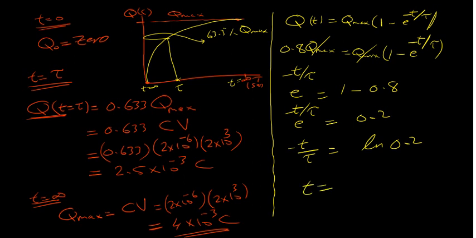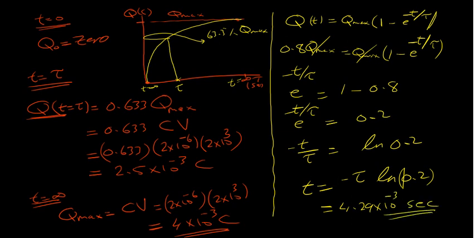Time will be minus tau ln 0.2, and doing the calculation, that will give me 4.29 times 10 to the power minus 3 seconds. That will be the time required to reach 80% of the maximum charge stored in that capacitor with this setup.